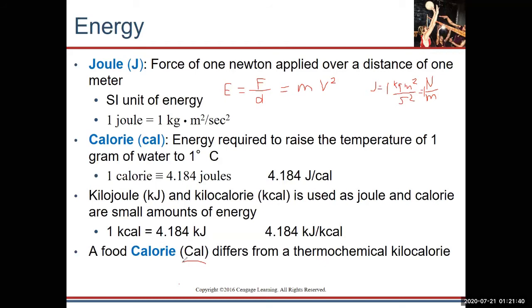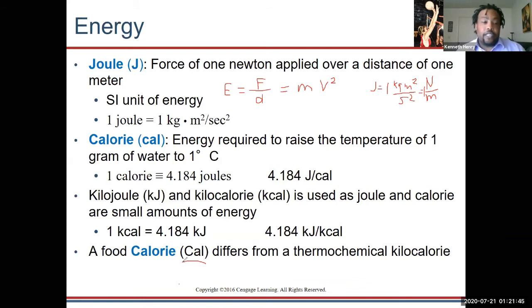Okay, so a food calorie, which is a capital C Calorie, see that capital C? That's actually different than our lowercase c calorie, okay? But it also means energy. A food calorie is going to be equal to 1 kilocalorie, right? So the calorie that we use in chemistry is the lowercase c, but the one they use in the food industry is an uppercase C, okay?